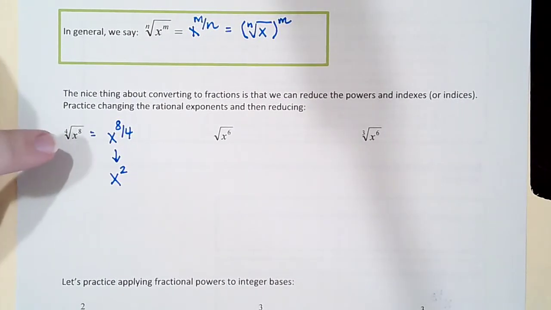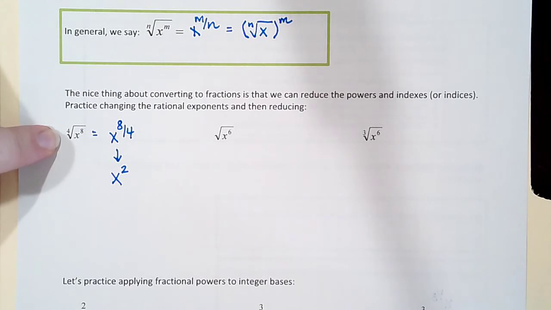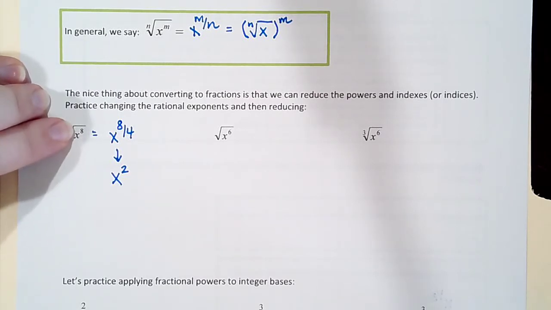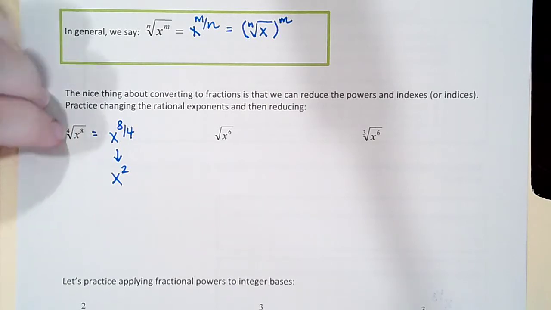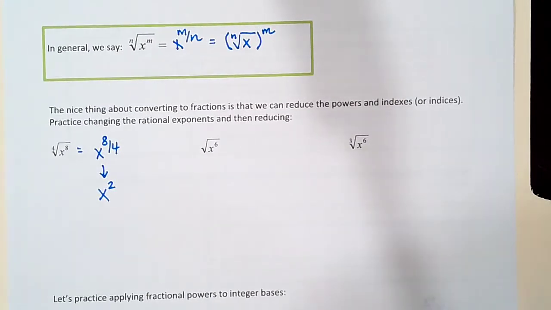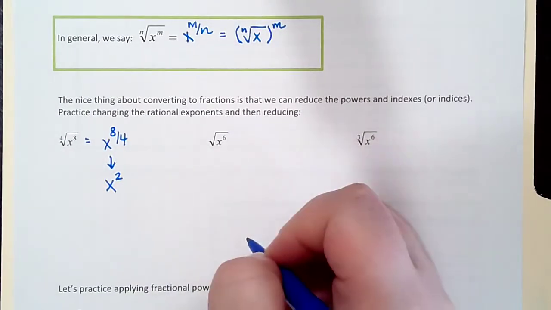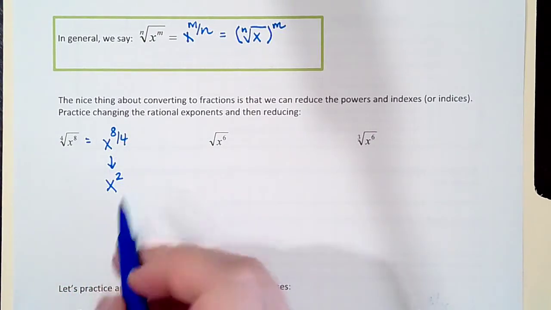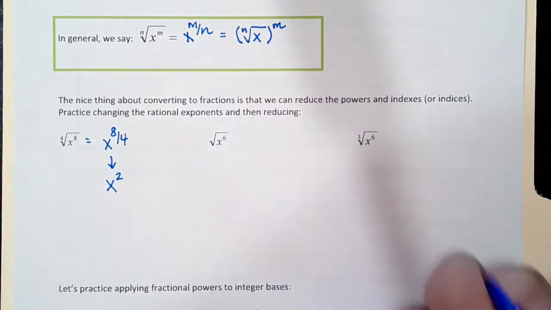Now, if we use what we knew from before, we can also prove that. We can say there needs to be 4 of something inside. I can break up x raised to the 8th power into x squared times x squared times x squared. When I take that 4th root, I can take out an x squared, so I know that's true. I love it when you can use new knowledge to prove old knowledge. I think that's kind of fun.